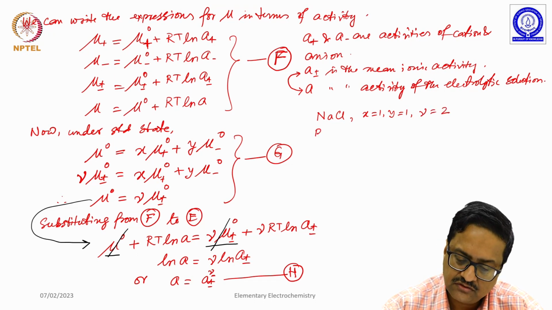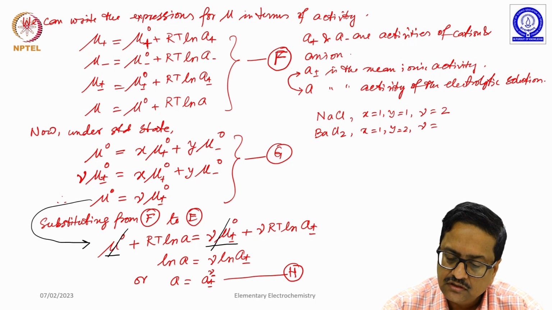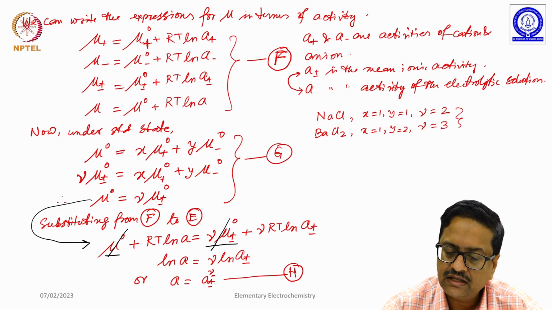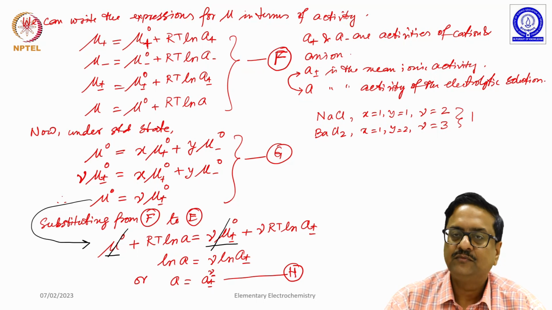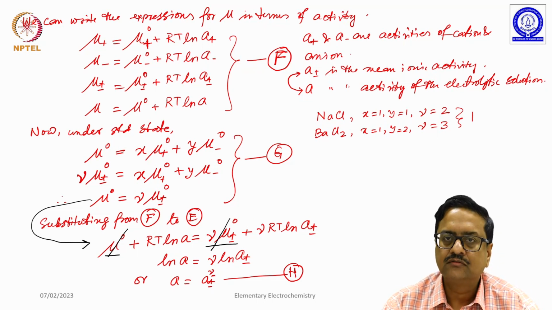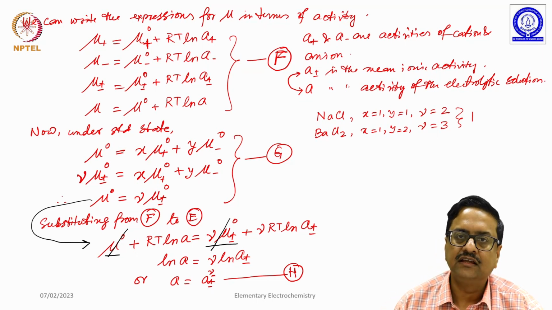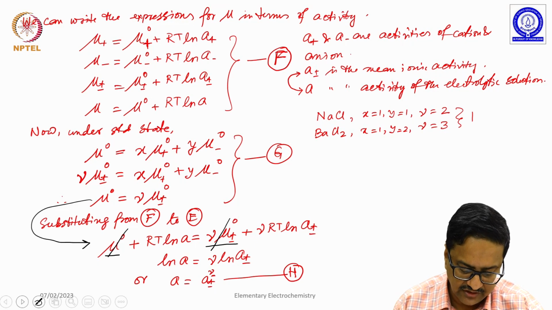If you are talking about BaCl2, x equal to 1, y equal to 2, so nu is equal to 3. Like that, this relationship is a square or cube or to the power 4 and so on, based on the stoichiometry of the salt that we are dealing with.